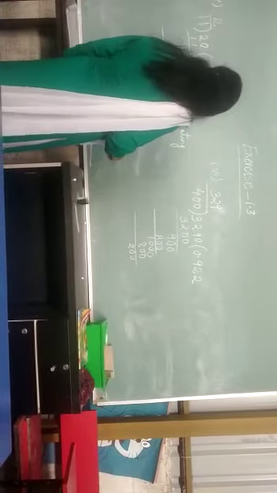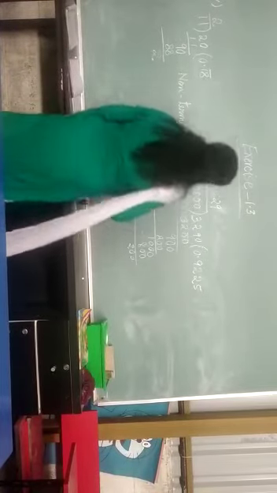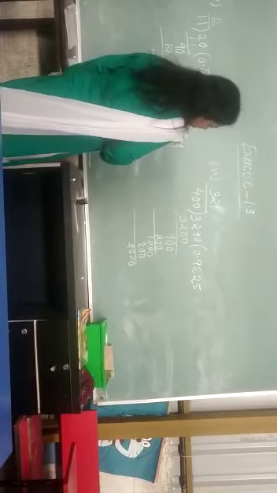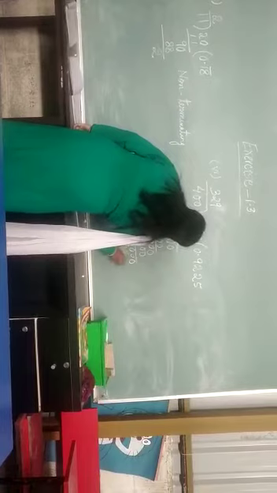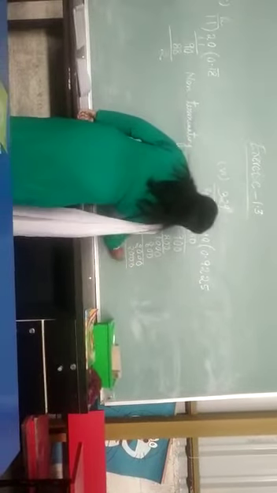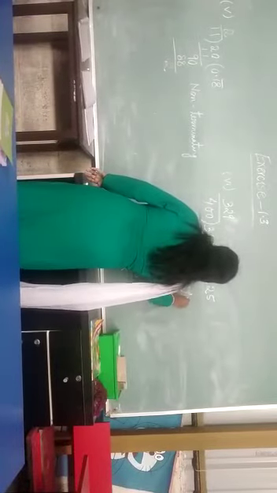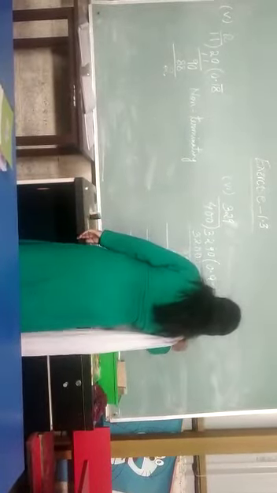Now here you see. Next I take a point here, it becomes 2000. So 400 5s is 2000, right? So your remainder is 0. So this is terminating decimal.